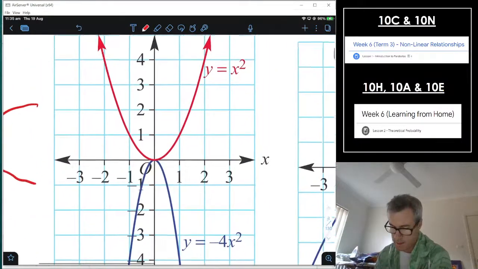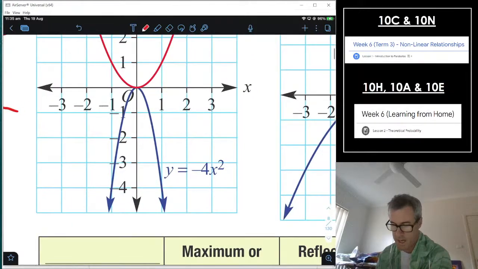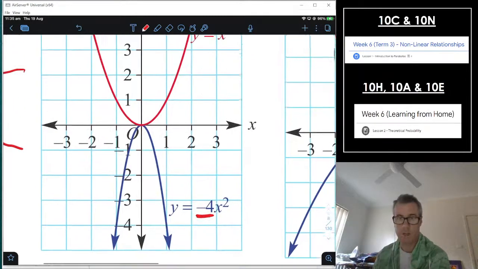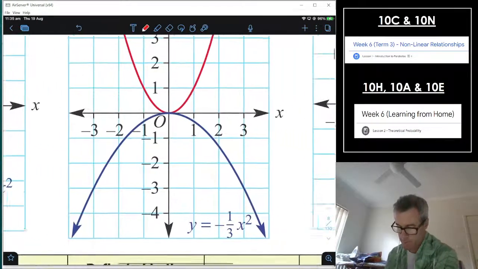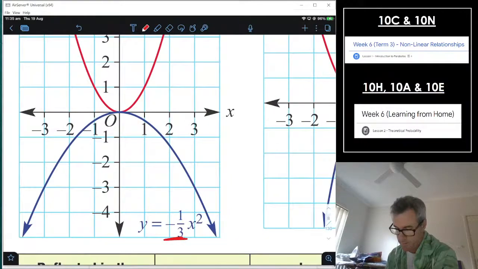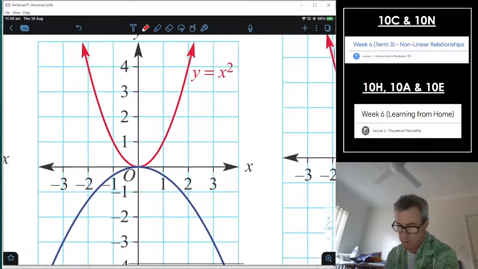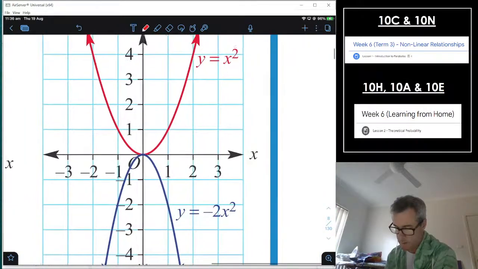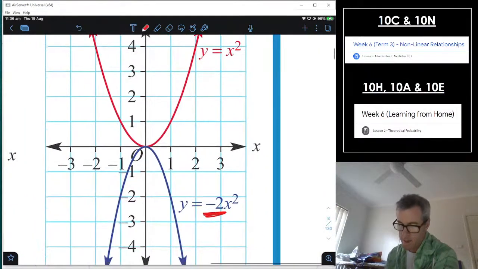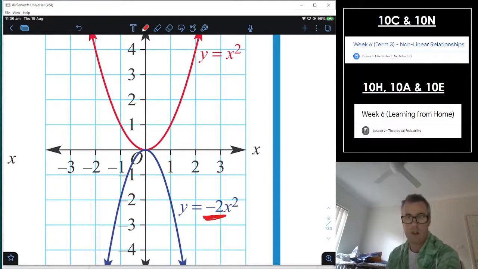This one is a -4, but like we understood beforehand, it doesn't matter whether we're doing positives or negatives, given that the integer value of 4 is larger than 1, it's actually narrower. Same deal here. We have a fraction, so it's going to be wider than that. And same deal here. We've got a whole number, and that is going to be narrower than this one up the top.